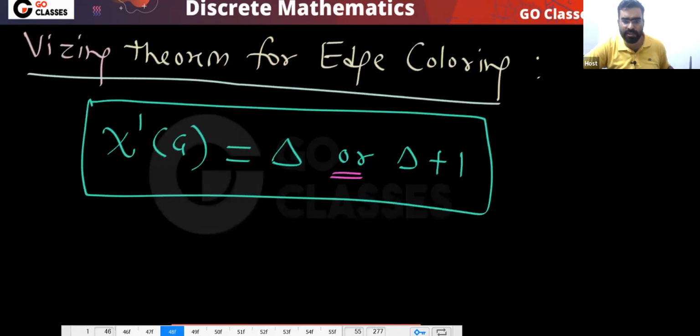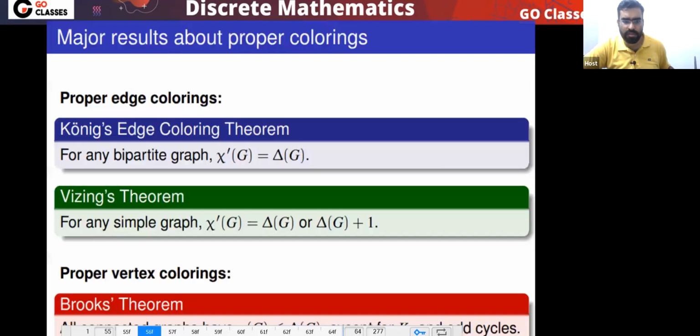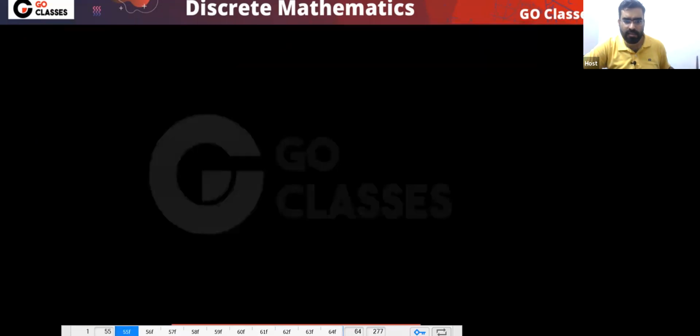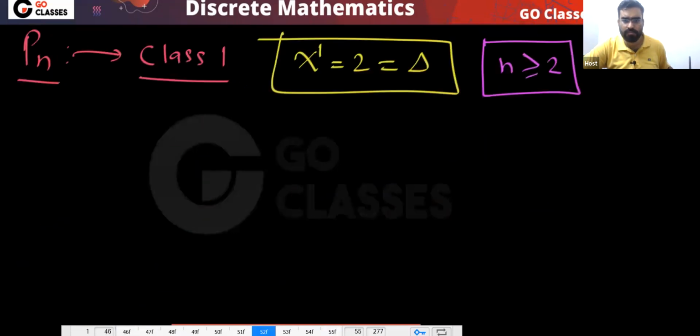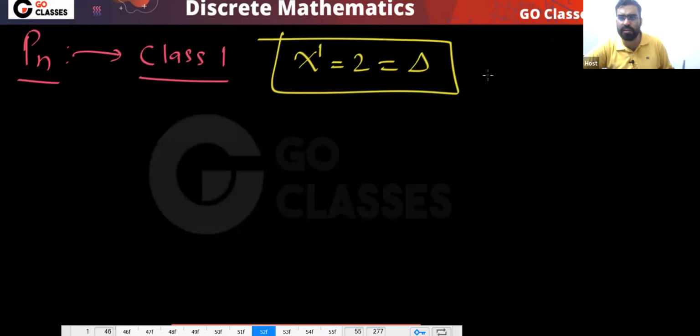This Vizing theorem will actually work even if n equals 1, even for a single vertex, P1.